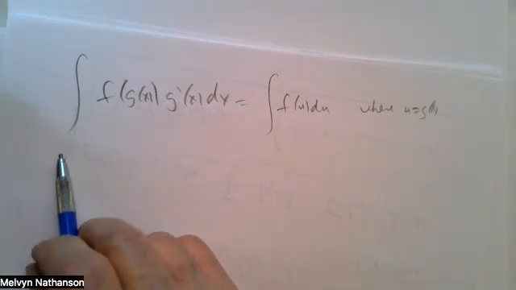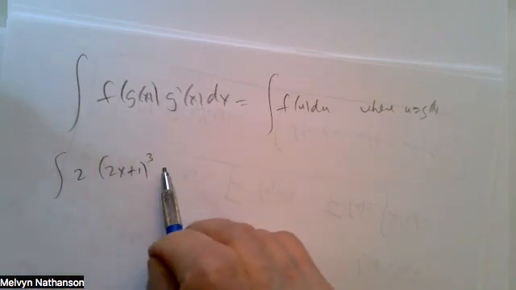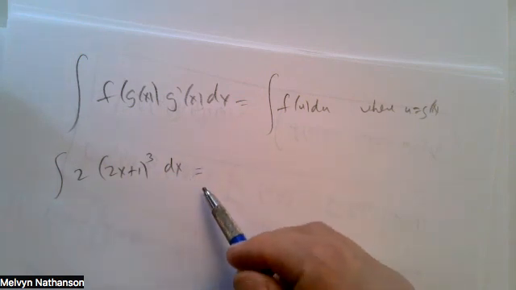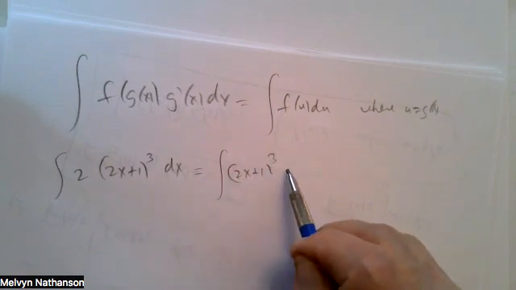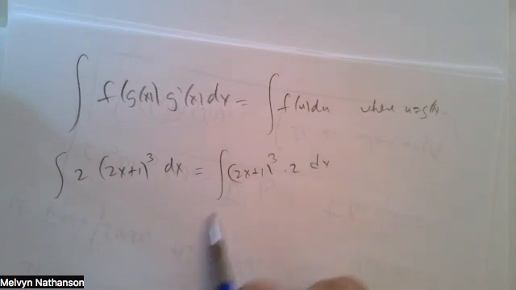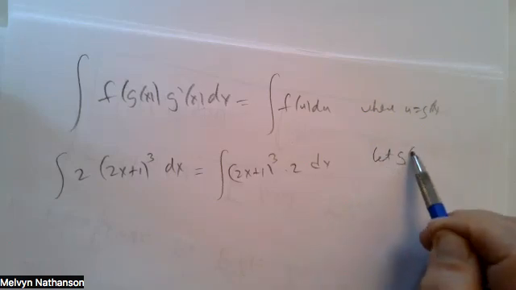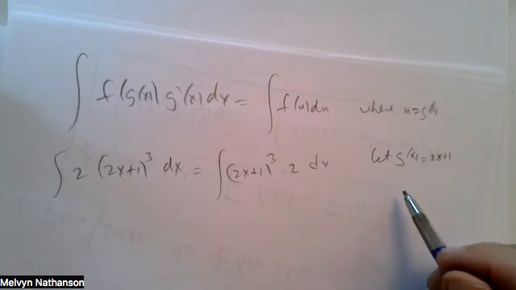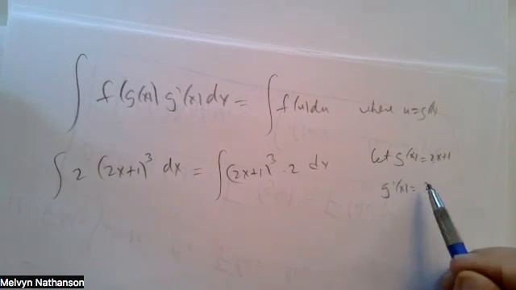So let's look at an example. Suppose we have the integral of 2 times (2x plus 1) cubed dx. Let me write this as the integral of (2x plus 1) cubed times 2 dx. Now, if I let g of x be equal to 2x plus 1, then g prime of x would be equal to 2.